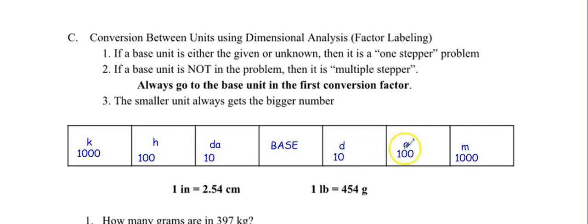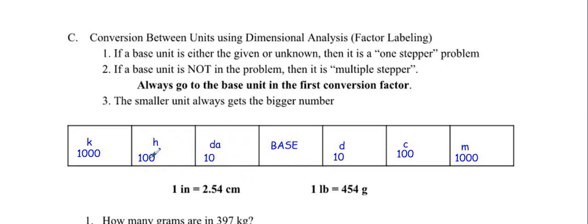So I put these numbers in here, and please listen carefully to why I put these numbers here. There's 1,000 milligrams in 1 gram. There's 100 centigrams in 1 gram. There's 10 decigrams in 1 gram. Now listen carefully. There are 10 grams in 1 decagram.